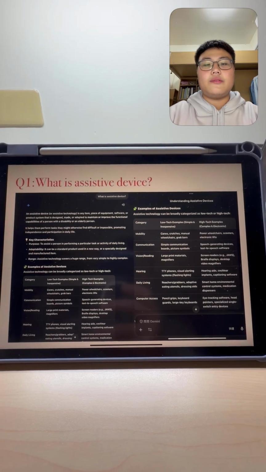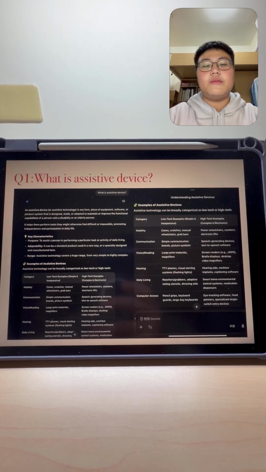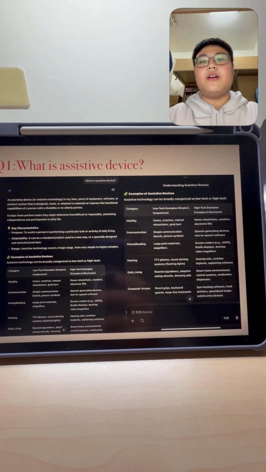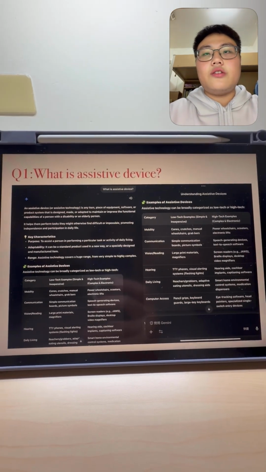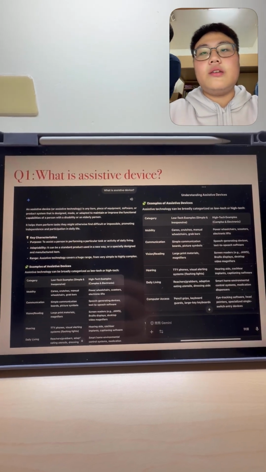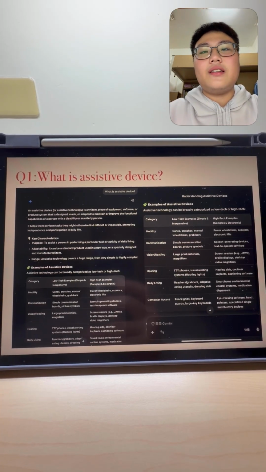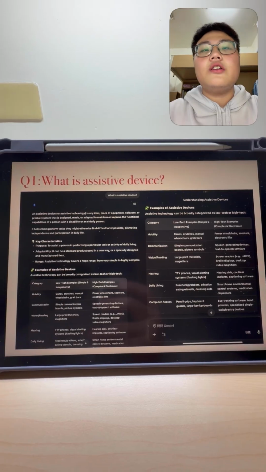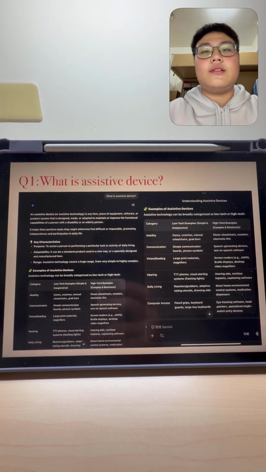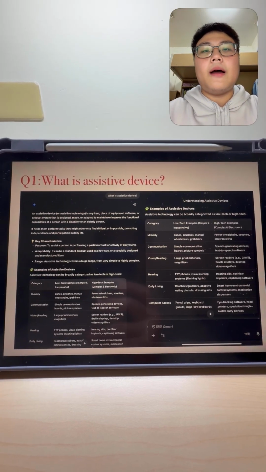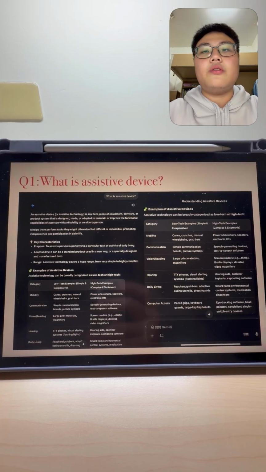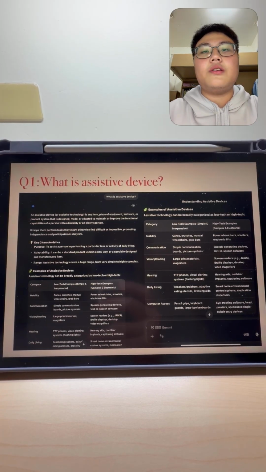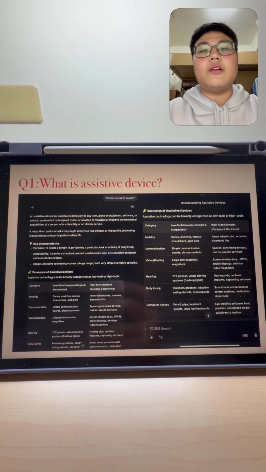So we start with what is an assistive device by asking Gemini AI. The answer it gave is: assistive devices or assistive technology is an item, piece of equipment, software, or product system that is designed, made, or adapted to maintain or improve the functional capabilities of a person with a disability or an elderly person.